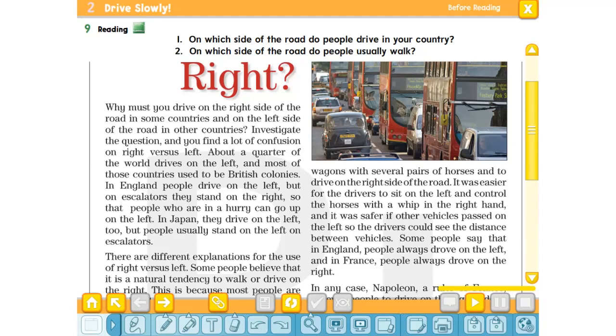In England, people drive on the left, but on escalators, they stand on the right, so that people who are in a hurry can go up on the left. In Japan, they drive on the left too, but people usually stand on the left on escalators.